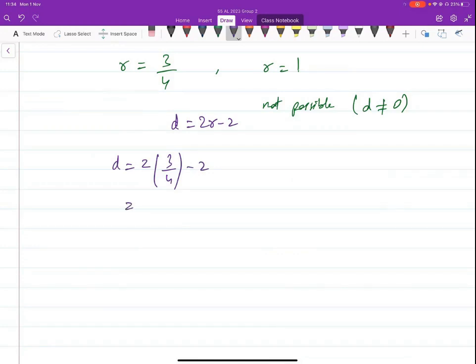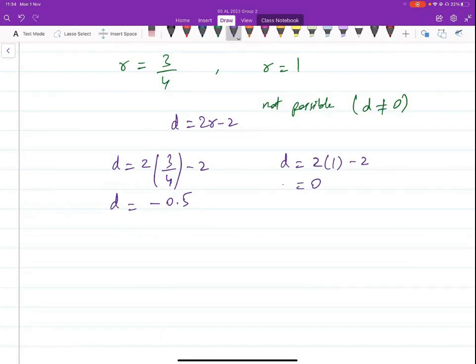That gives us 3 over 2 minus 2, which is 1.5 minus 2, and that is minus 0.5. That's the difference. अगर आप ये R equals 1 input करते हैं इसके अंदर, you would have got D equals 0, which you said was not possible. Right? So इसलिए हम इसको इग्नोर कर रहे हैं.